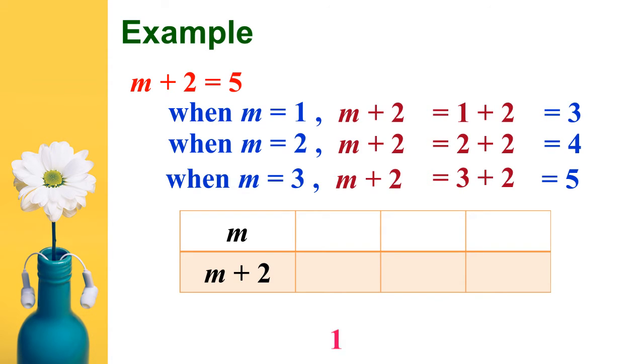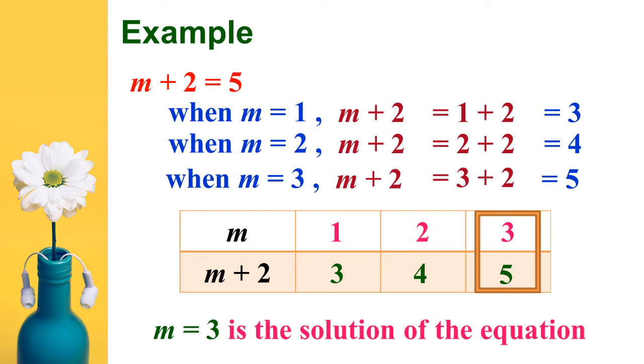Let us write: m equal to 1, m plus 2 equal to 3; m equal to 2, m plus 2 equal to 4; m equal to 3, m plus 2 we get 5. So m equal to 3 is the solution of the equation m plus 2 equal to 5.